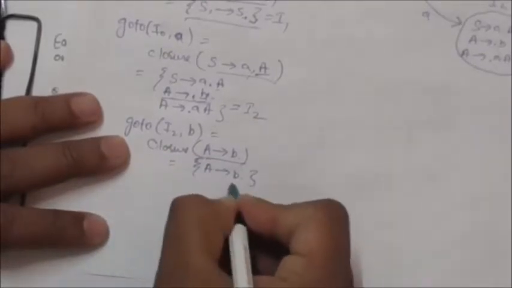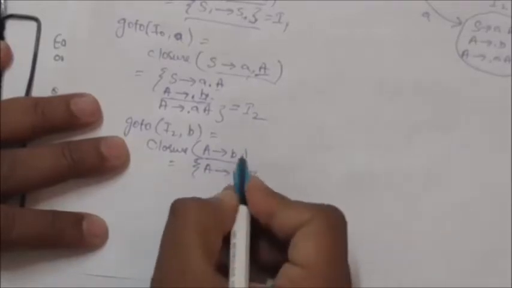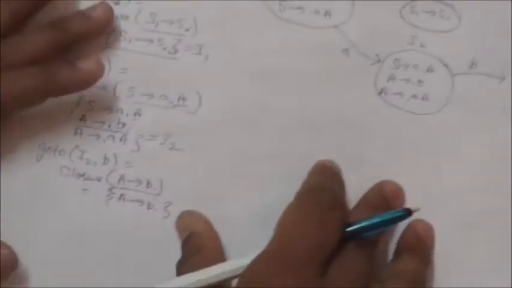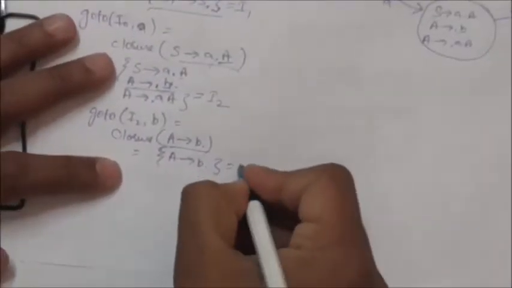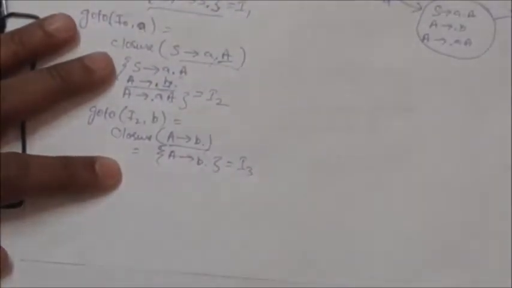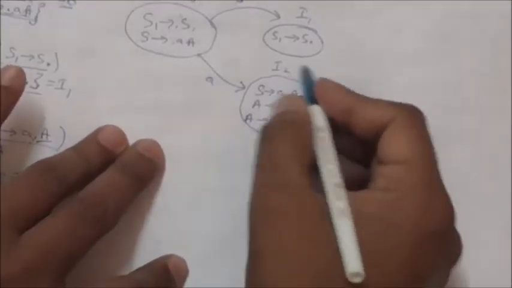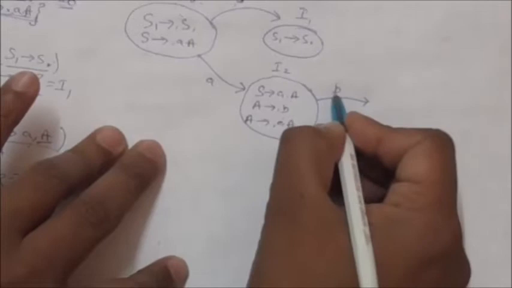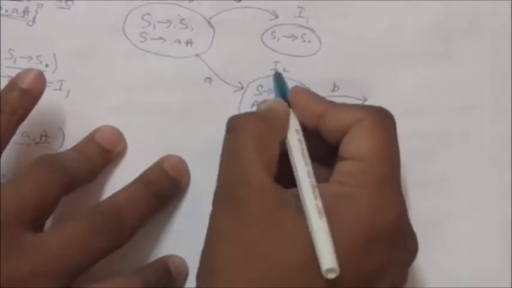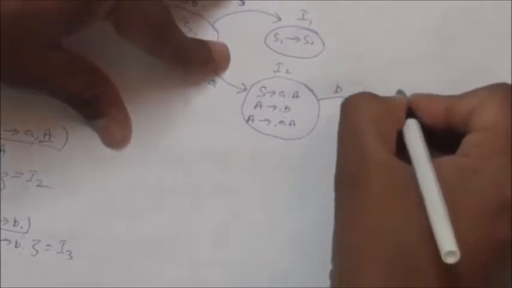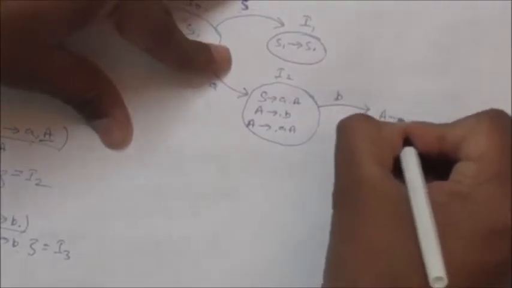In this closure no new item can be added because there is no non-terminal symbol after the dot. So let us call this set I3. So the transition on reading the symbol B when the machine is in state I2 will be to state I3.